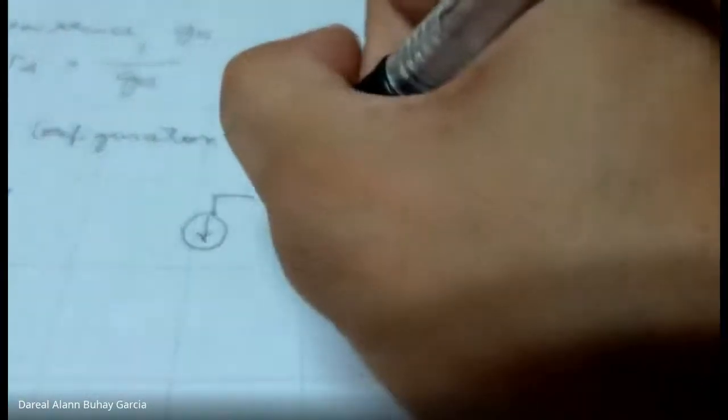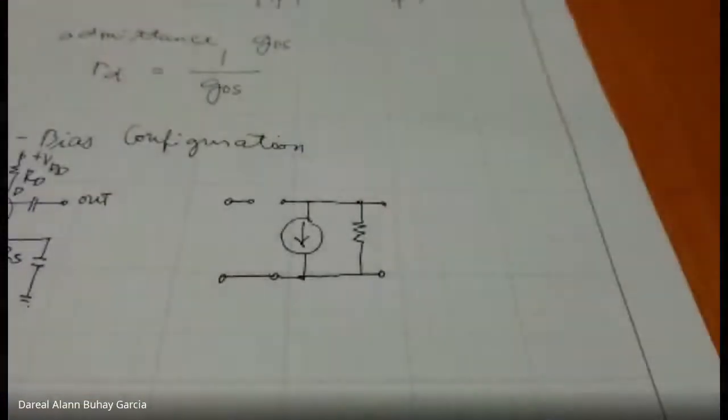Shorting everything, the capacitors and the voltage source, we invoke the equivalent circuit of our JFET.